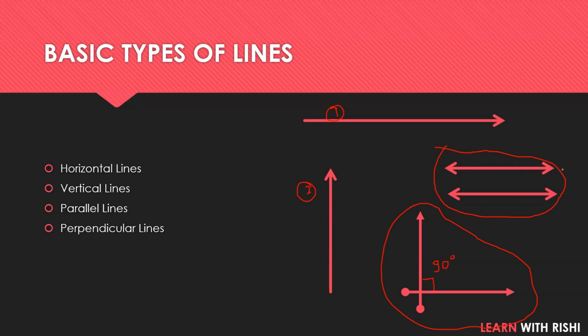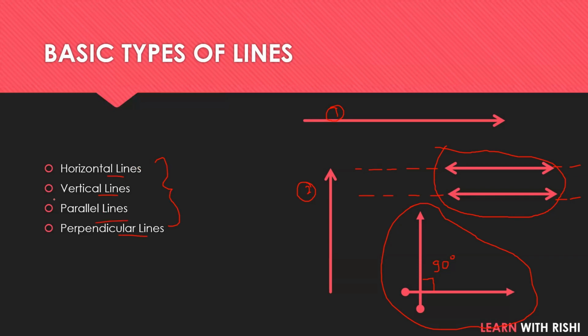As you can see, these 2 lines do not intersect. If we extend these lines, they still do not intersect at any point. So these lines are known as parallel lines. I hope you understood the 4 types of lines: horizontal lines, vertical lines, parallel lines, and perpendicular lines.